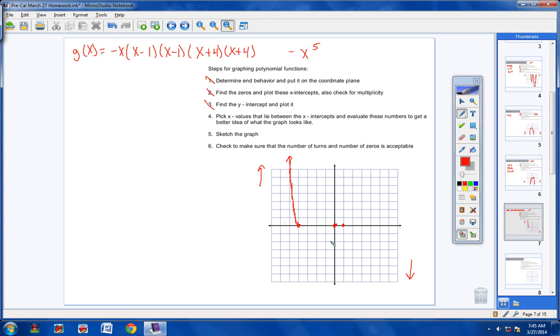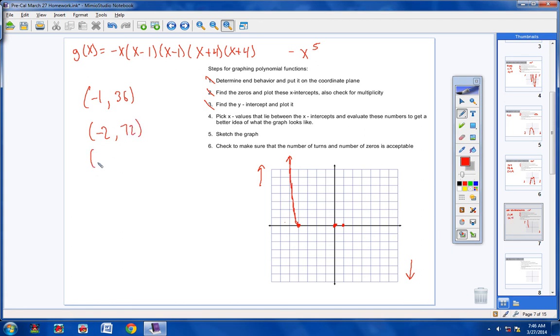Okay, next, let's see what the graph is doing at negative 1, negative 2, and negative 3. All right, so negative 1 will give me out a 36. Negative 2 will give me out a 72.